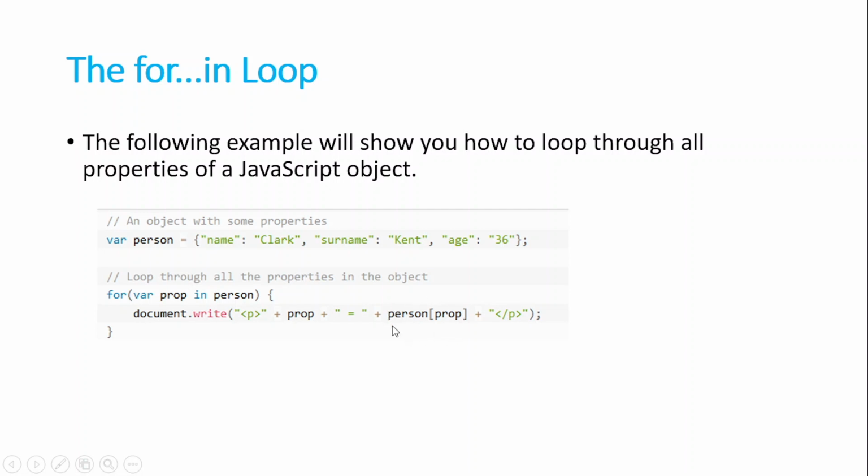So we are accessing the value of the name property, which has the value Clark. Here the name will be written when we see the output, and here the value will be given for that property. This way you can go through every property and get its value by using this person object.